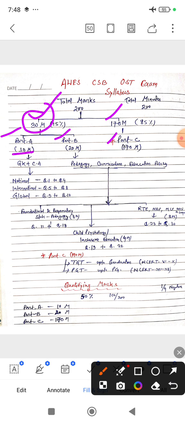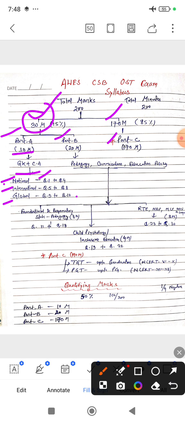Part A, that is 10 marks, is from GK and current affairs. 10 marks, 10 questions, question number 1 to question number 10.